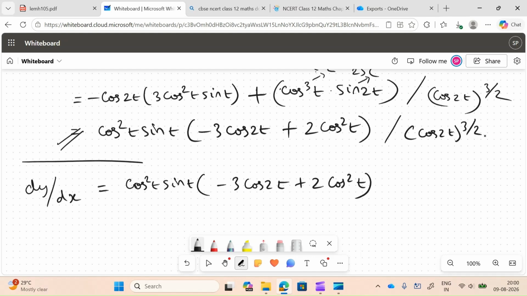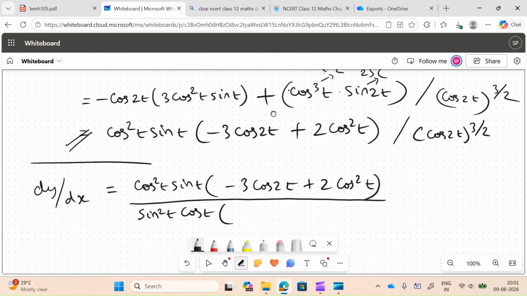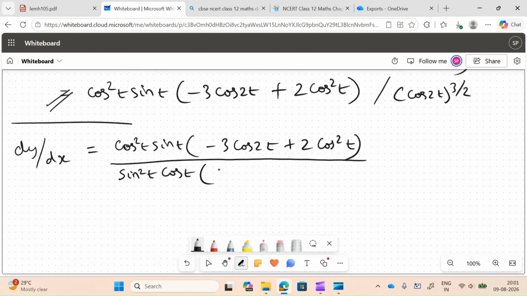See, this cos 2t power 3 by 2 and the same denominator get cancelled. Divided by, here you will get sin square t cos t times 3 minus 4 sin square t. So I left this simplification step here.